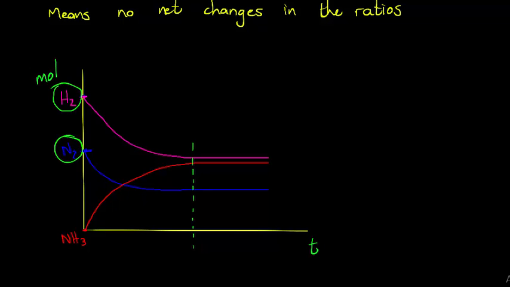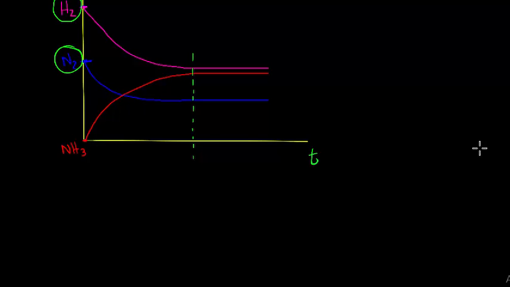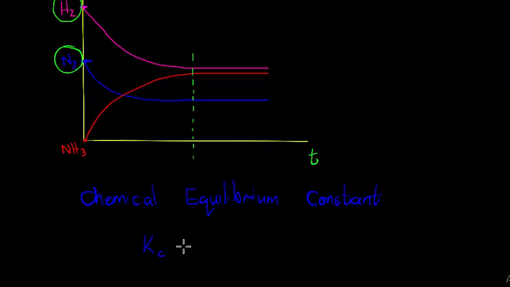The final thing I'll show you here is a special value that we use called the chemical equilibrium constant. Now, the chemical equilibrium constant, Kc, is a value that is calculated based on the ratio.